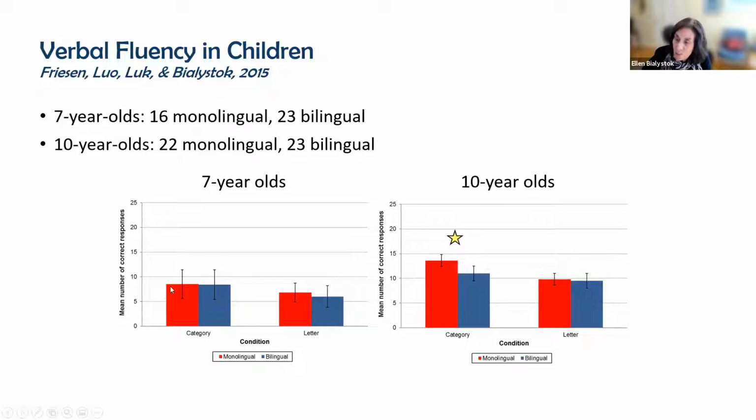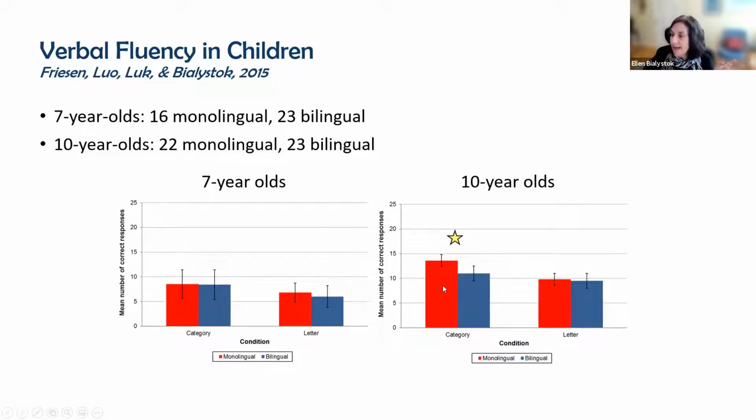These children in 1 minute are only producing on average about 7 words, which is pretty limited when they're 7. For the 7-year-olds, there are absolutely no differences. So even though these 7-year-old bilingual children have poorer vocabulary in English than the monolingual kids, when you give them a more difficult language processing task, they're all struggling and they're all doing the same. Nobody's really doing very well.